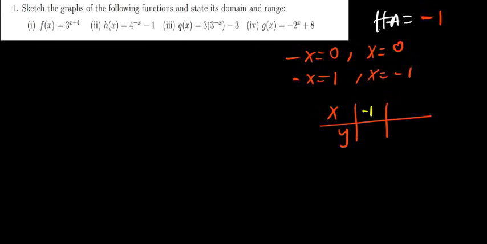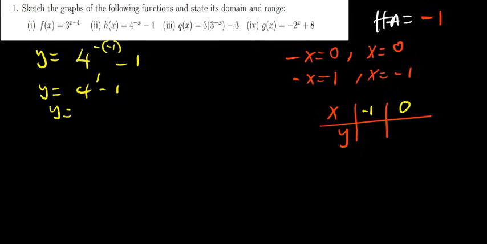When x is negative 1, y will be equal to 4 raised to the power negative 1 times negative 1, minus 1, so 4 raised to the power 1 minus 1. Y is equal to 4 to the power 1, which is 4. So 4 minus 1 is 3. So this one gives me 3.